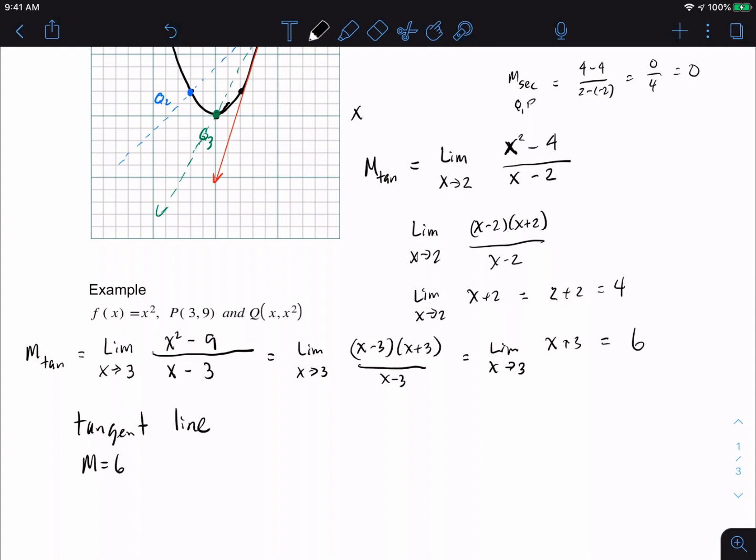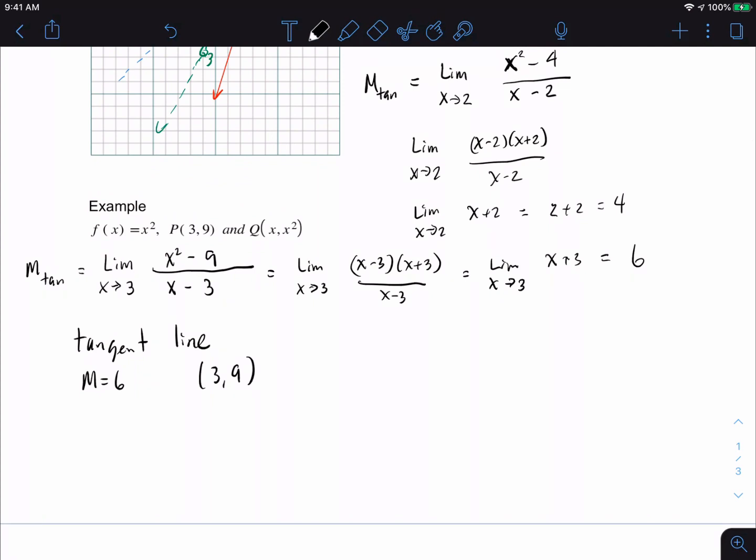What's the point that we have? 3,9. Because we're trying to find it at that p, that's the point that we have to use. So it's 3,9. And so from here, what ends up happening? Did someone say something? We're okay?